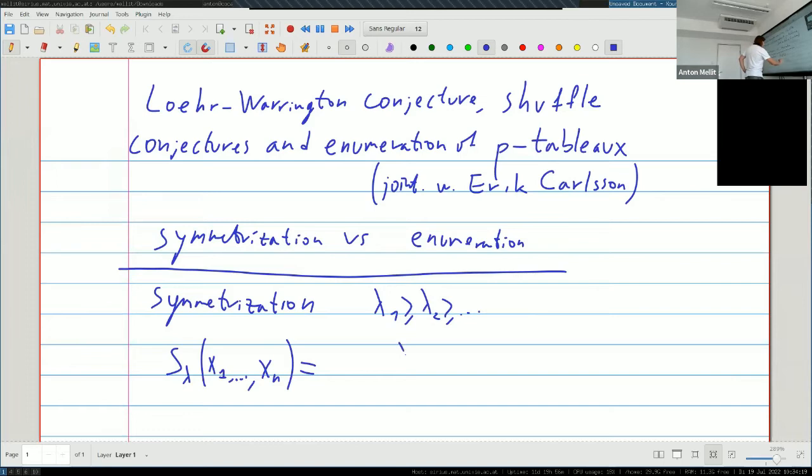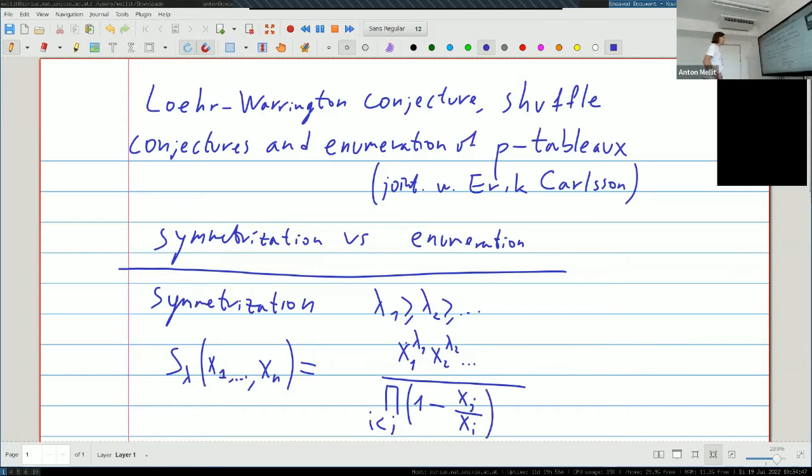You put here x1 to the lambda 1, x2 to the lambda 2, and so on. Right? And then you divide by the product over i less than j of 1 minus xj over xi.